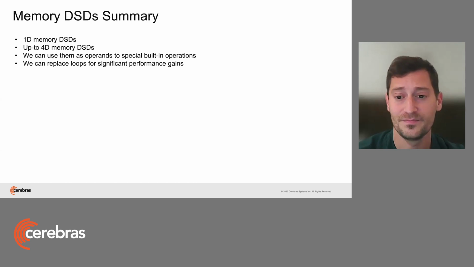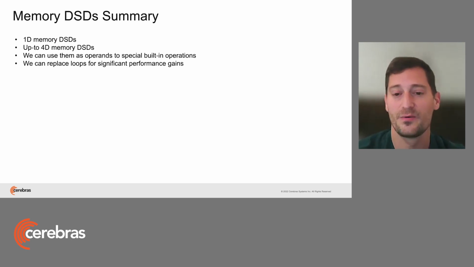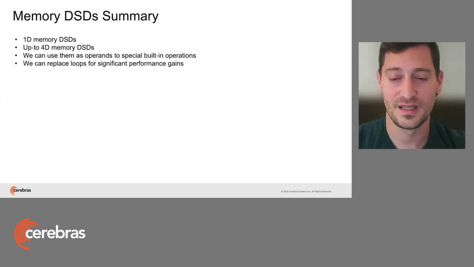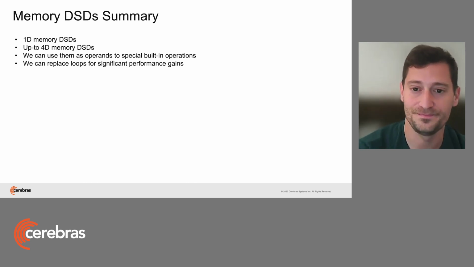And basically, this is the style that you would typically use when you program single wafer scale cores, where you would avoid writing explicit loops, but rather use this special capability, which is these DSDs, memory DSDs.